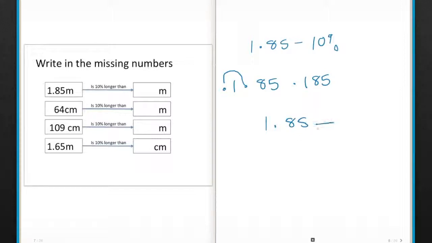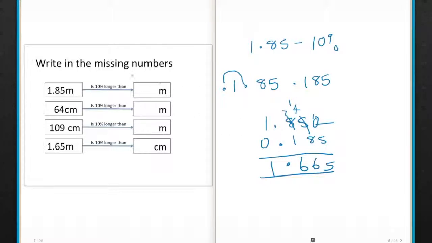1.85, take away 0.185. I'm just going to put a 0 in so that everything is in line. Make sure the decimal points are like shirt buttons underneath each other. And then we just take away. 10 take away 5 is 5. 14 take away 8 is 6. 7 take away 1 is 6. 1 take away nothing is 1.